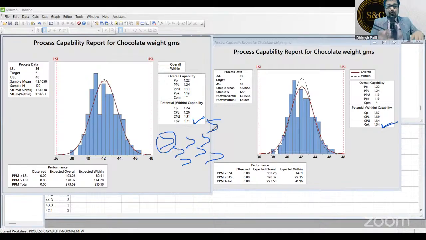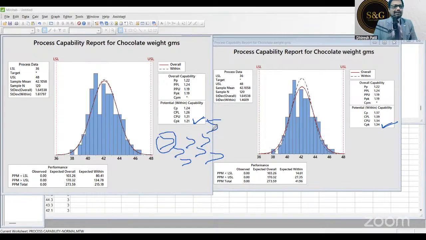That's why when I'm taking samples of 10 chocolates, my process capability number is a little lower compared to when I take all the chocolates together. My process capability is a little higher. 1.2 here, 1.3 here, that's the only difference. Clear? So the sample to sample variation can be a little high. That's the only difference for this.